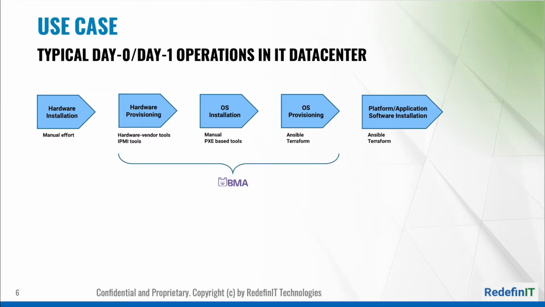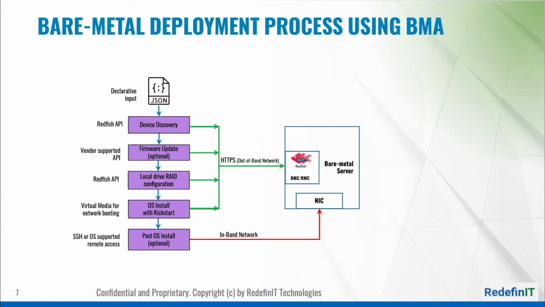BMA is capable of automating hardware provisioning, OS installation, and OS provisioning. Its USP is automating OS installation for bare metal servers. It can handle large-scale OS deployments, install OS remotely without PXE dependency, and it can be easily integrated with other tools using REST API.